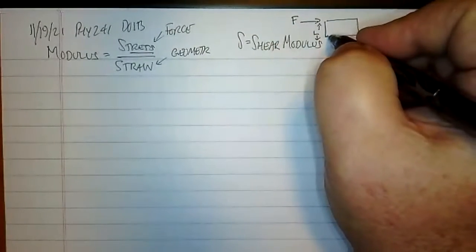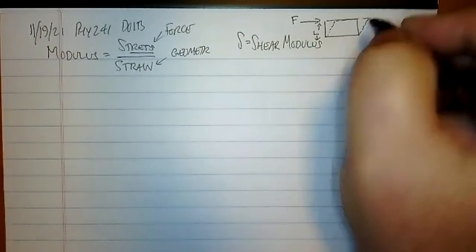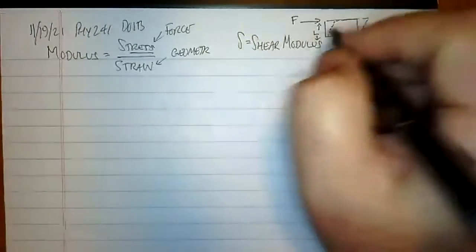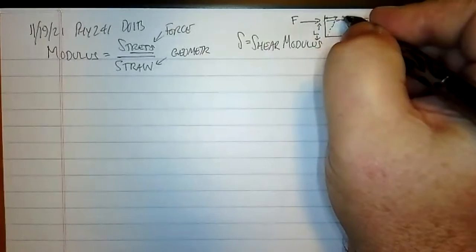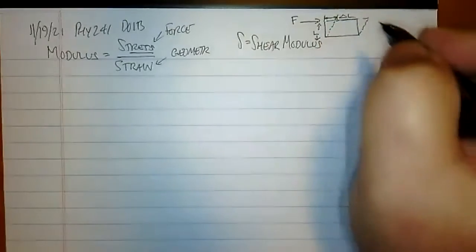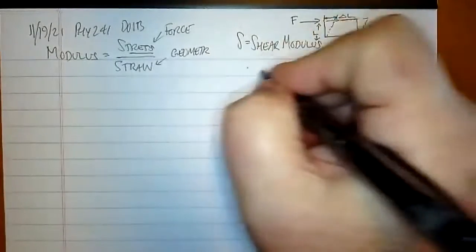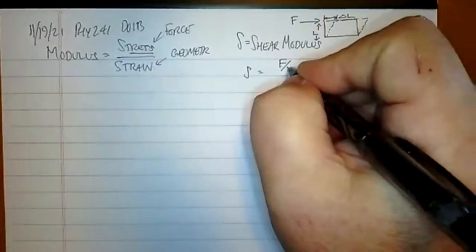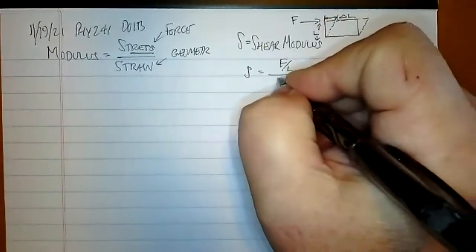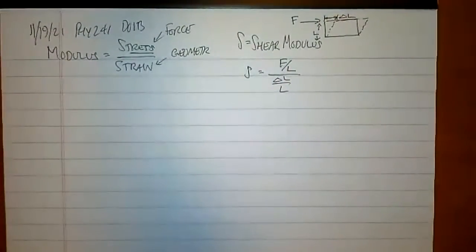And what's going to happen is the wall is going to rack and be shaped like that parallelogram now. This distance from here to here is delta L. So the shear modulus is the force divided by that length, over the delta L divided by that length. So that's the shear modulus.